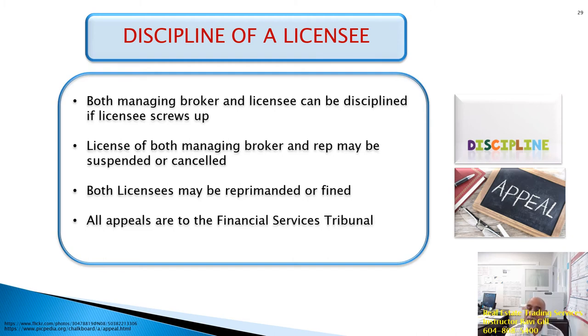Both the managing broker and the licensee can be disciplined for the same activity, because the managing broker is a supervisor, and remember we said vicariously liable, he is responsible for supervising all his reps, so he is also possibly going to be disciplined if there's a mistake or a screw up made by a realtor. Both licensees may be reprimanded or fined.